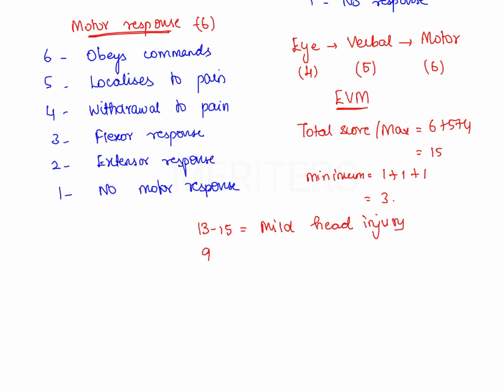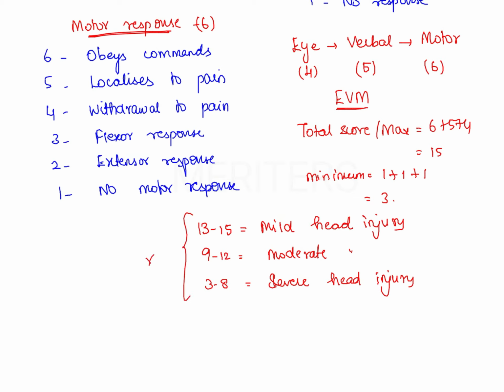If the score is in the range of 9 to 12, then it indicates moderate head injury, and if it is less than 8, that is 3 to 8, then it simply means that the patient is suffering from severe head injury.